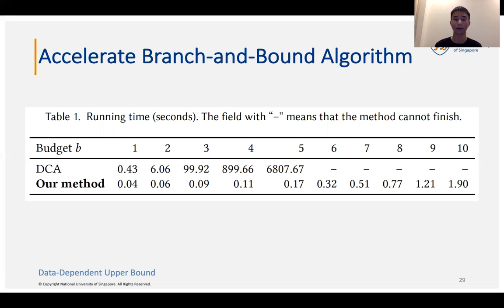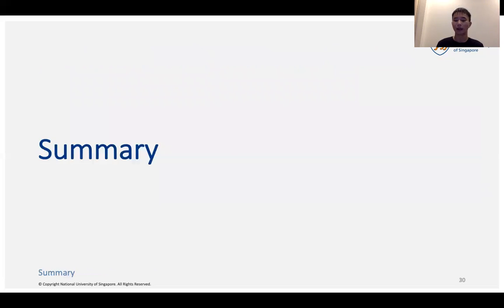Our bounds can be used to speed up the branch and bound algorithm significantly, up to several orders of magnitude. So that's the work today I want to discuss with you.